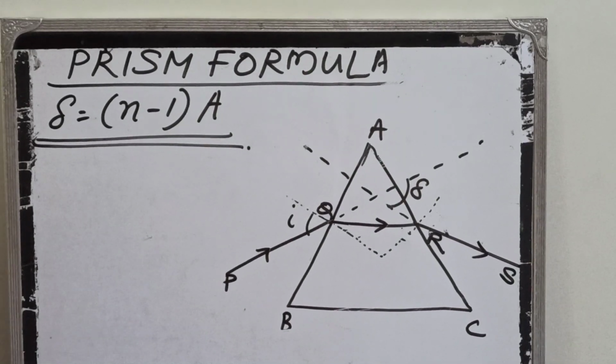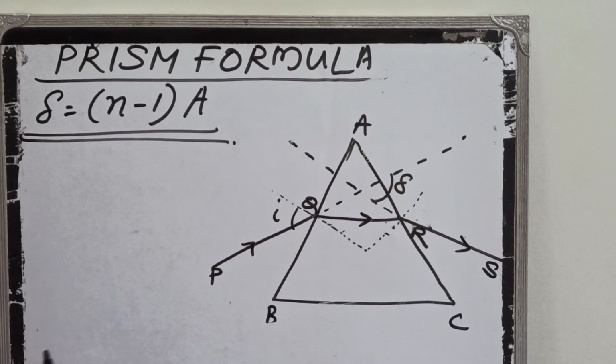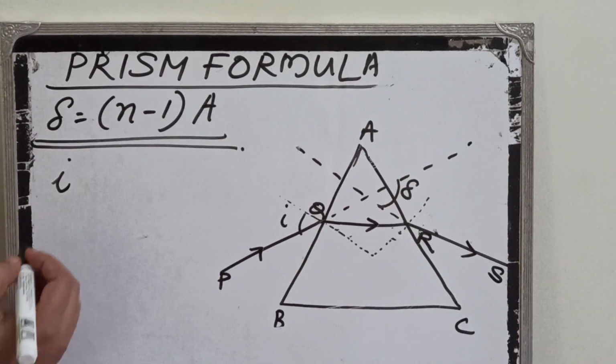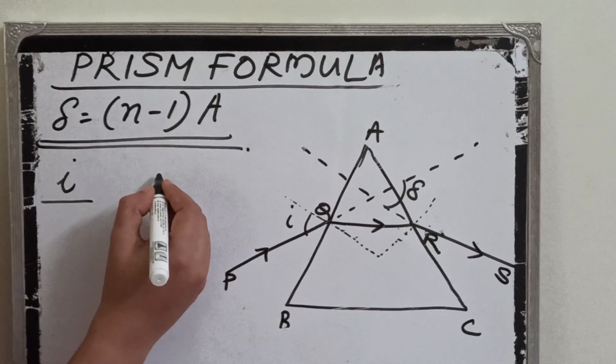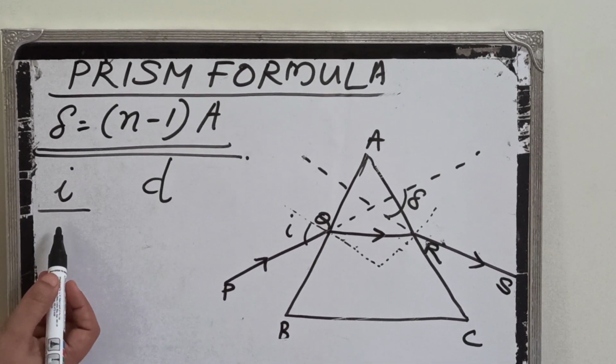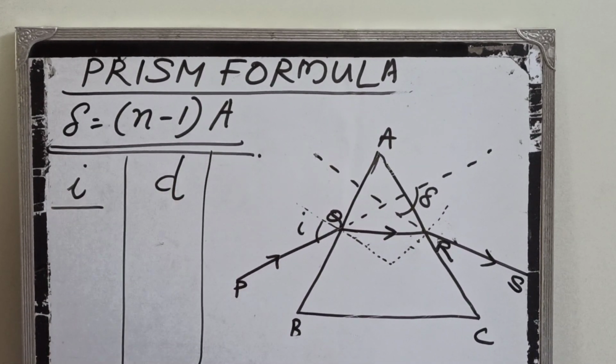Now in the laboratory also we are doing the prism. There you are taking different angles of incidence and you are finding the value of angle of deviation for that. When you do the experiment you will get a clear idea.